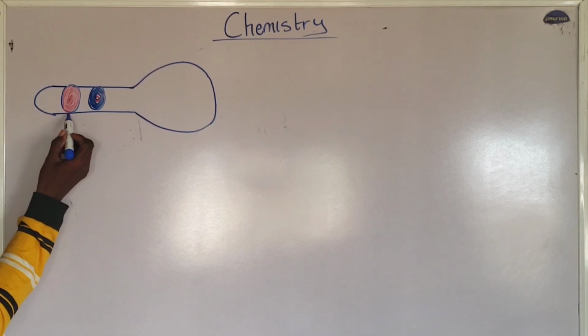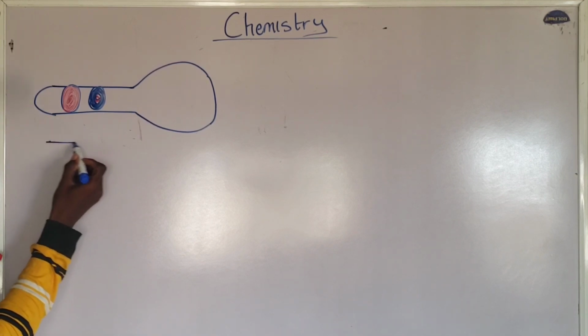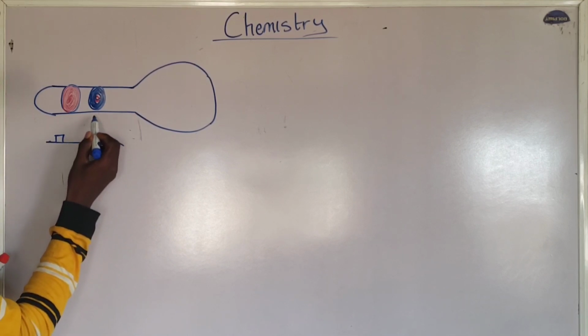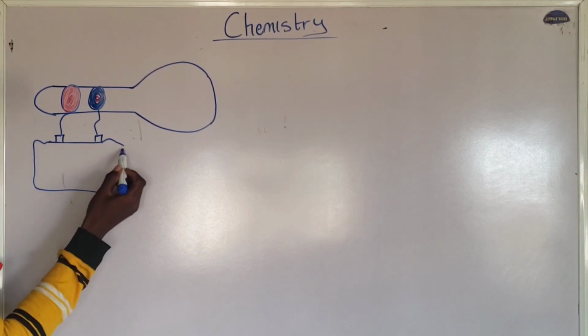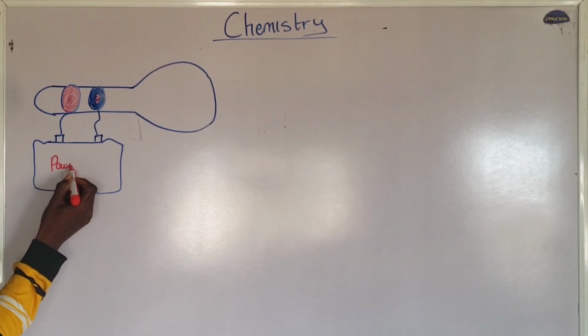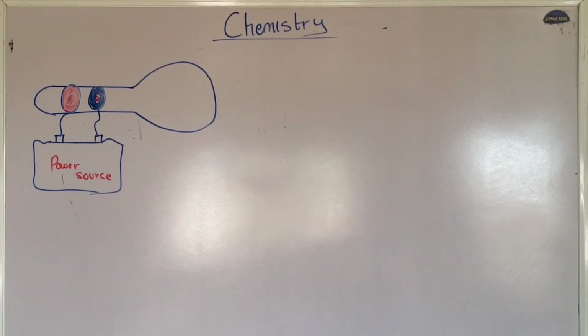A power source is just like a battery. So here, let us have a battery here. Let's call this a power source. After connecting the two pieces of metal to a power source, a ray shoots from this piece of metal.